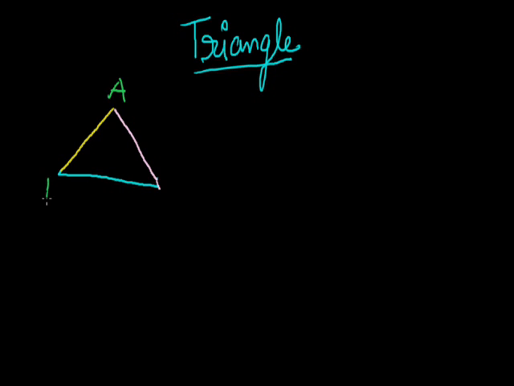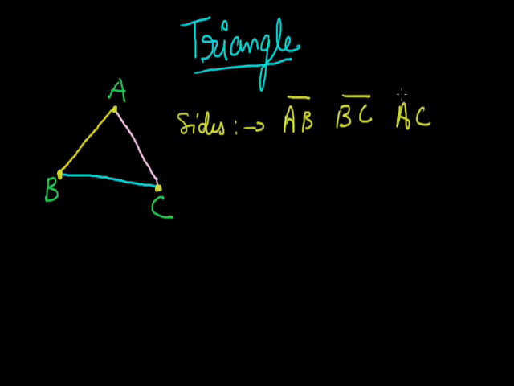ABC is a triangle. It is made up of three sides, AB, AC and BC. And it has three vertices, and vertices are the points or the tip of this figure, that is A, B and C. So a triangle has three sides, AB, BC and AC.